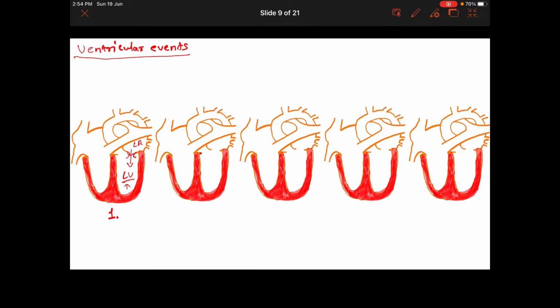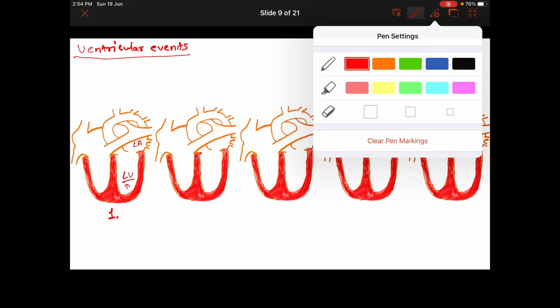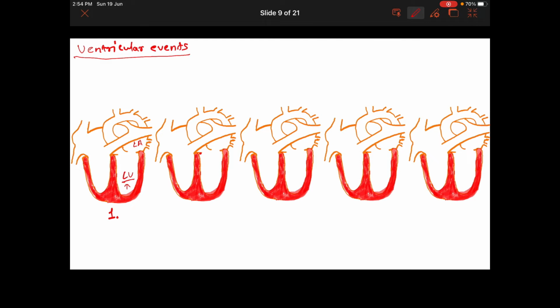So here in isometric contraction, the atrioventricular valves will be closed, on both the sides.